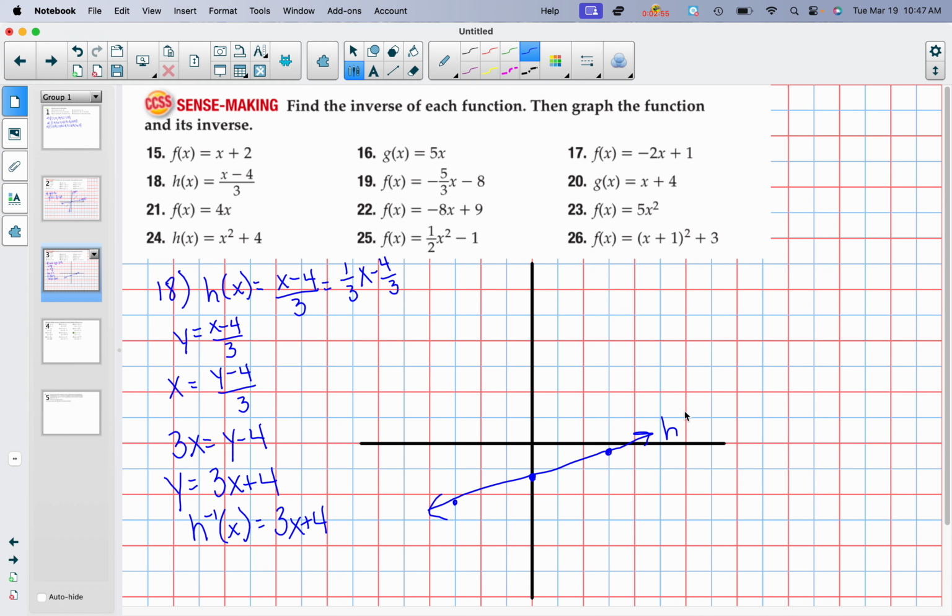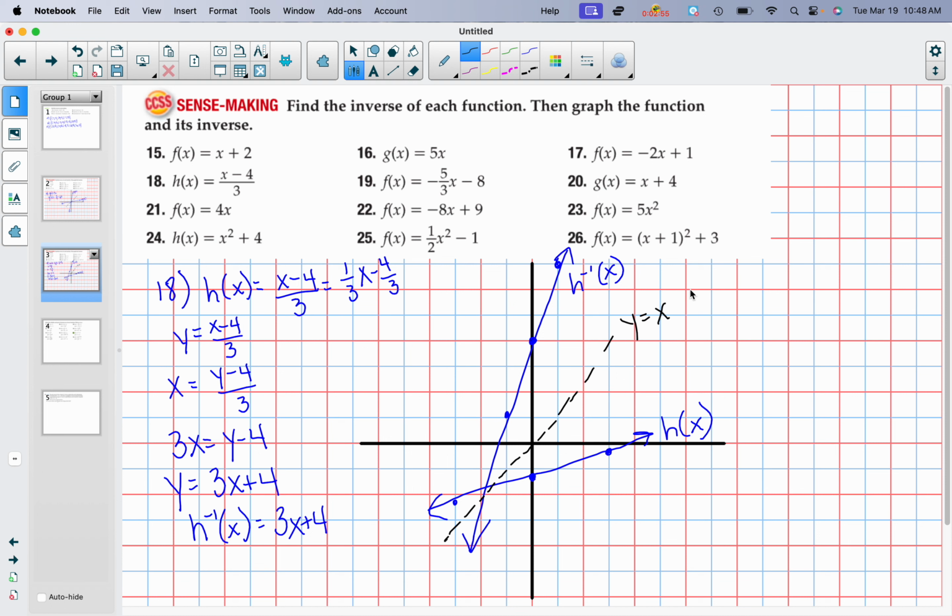And this is h of x. And then for my inverse, the y-intercept is positive 4. I can go up 3 and over 1, or I can go down 3 and to the left 1. And I draw that in. This is h inverse of x. And you can see the symmetry.